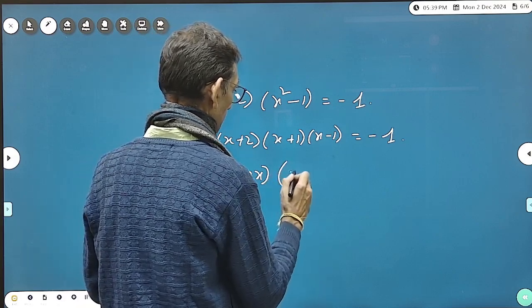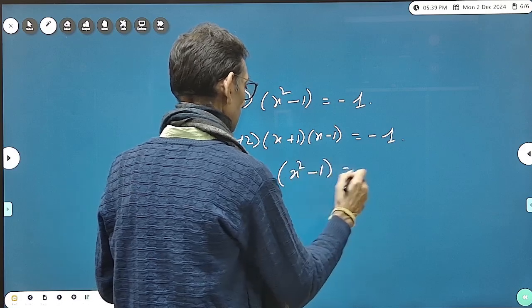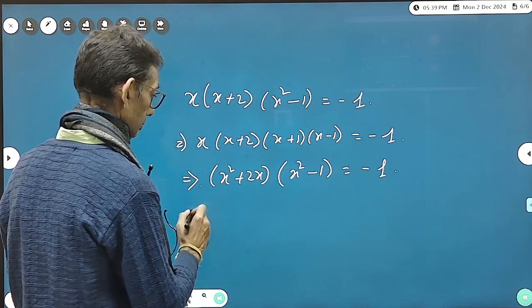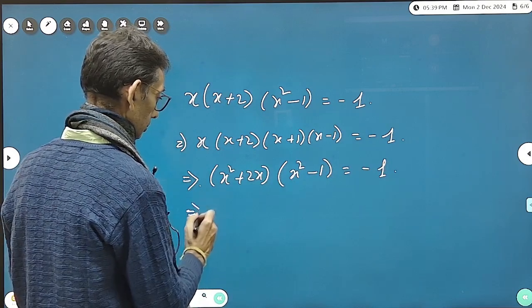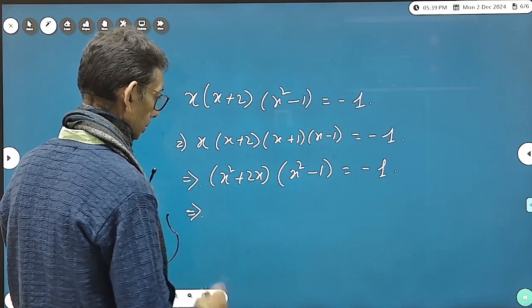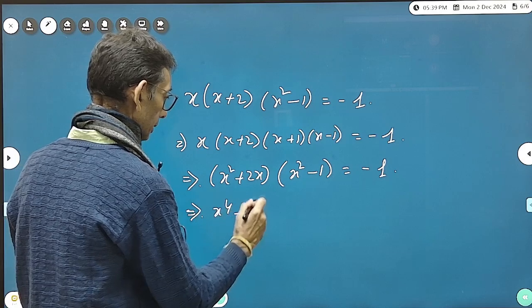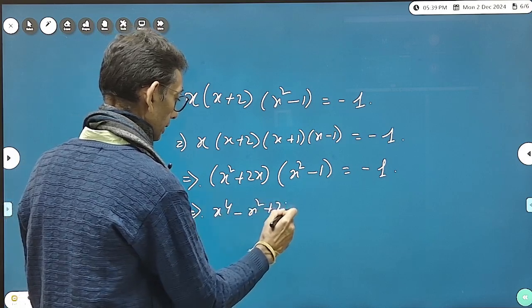Let's see, if you multiply, what will we get? x to the power 4 minus x square plus 2x cube, right?